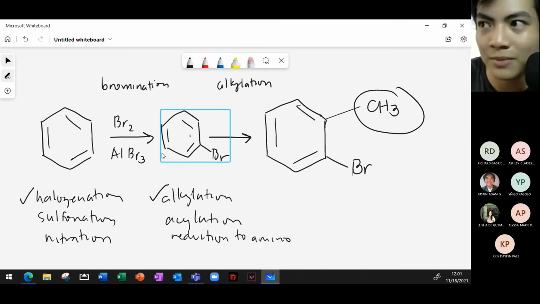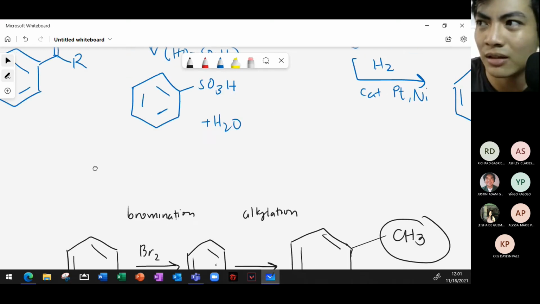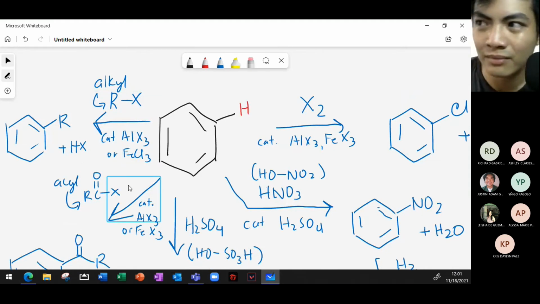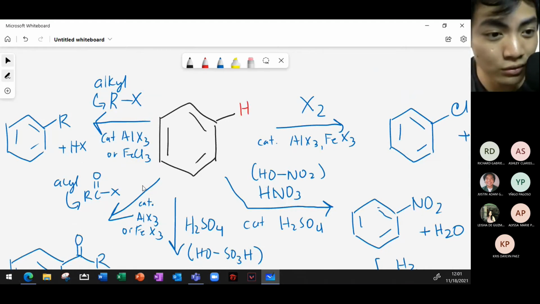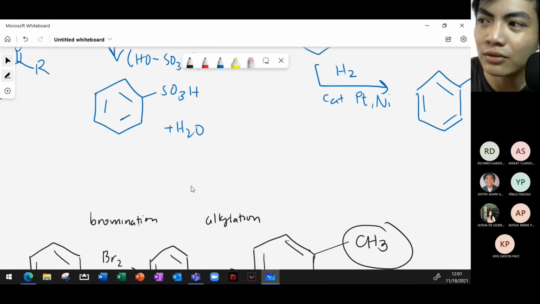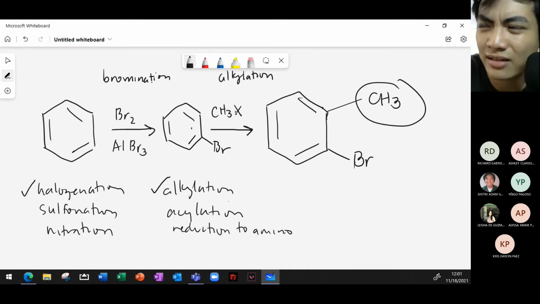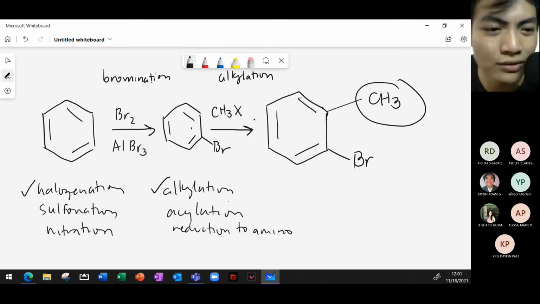Ano ba yung format kapag alkylation? Pag alkylation, ang format ay RX, AlX3. Yung R, yun yung idudugtong mo. Ano yung dinugtong natin? CH3. So, yun yung susulat mo. CH3X. Okay? O yung X, kahit anong halogen yan, pero ang ginagamit commonly is chlorine.